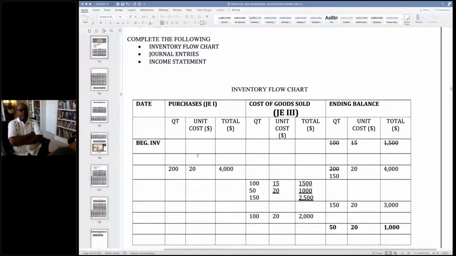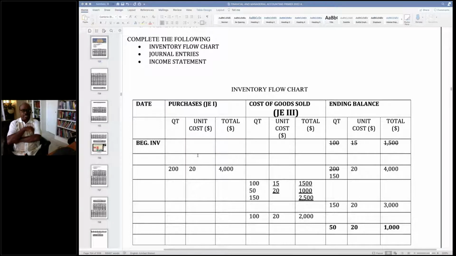All right, let's everybody just do transactions 1, 2, and 3. We're going to stop and do a check at that point to see if everybody's at the same stage. What are we going to do with that beginning inventory, Cameron? We're going to put it to ending balance and leave purchases blank, so we won't purchase that.